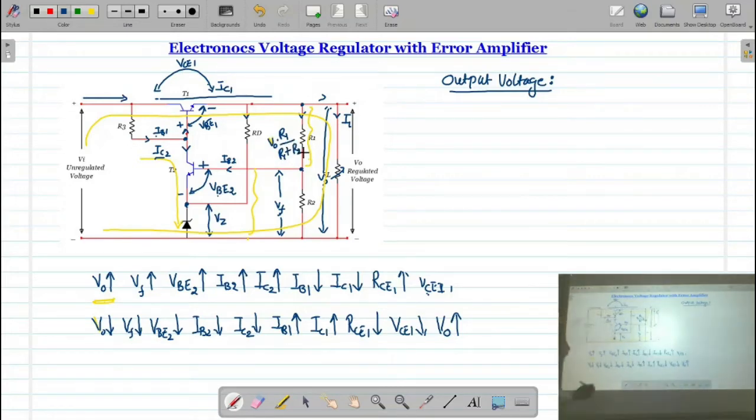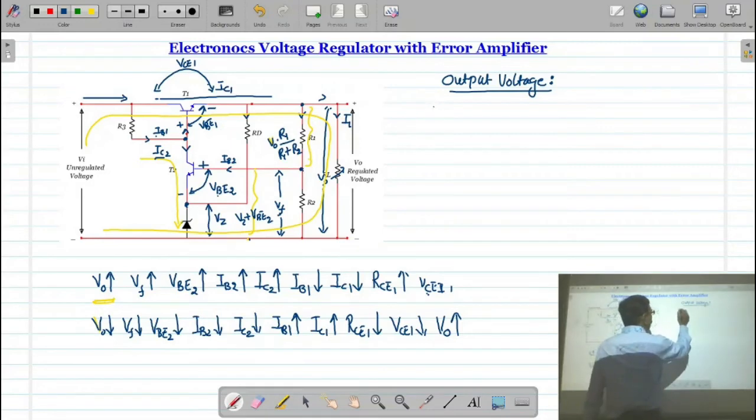Correct? And if I want to write the voltage across this, then this is the Vz plus VBE2. So here this voltage is Vz plus VBE2. That is the voltage across R2, or you can say it is nothing but my feedback voltage Vf.